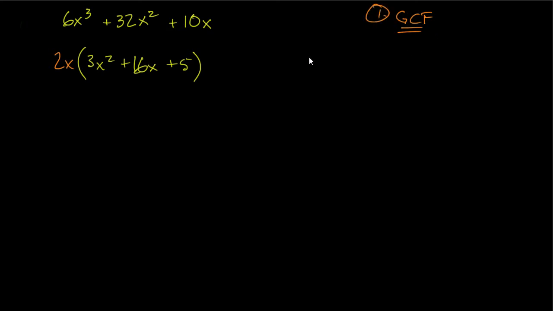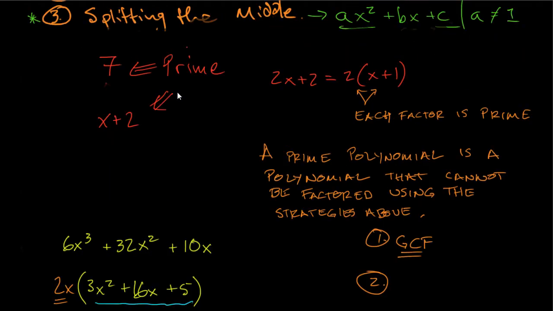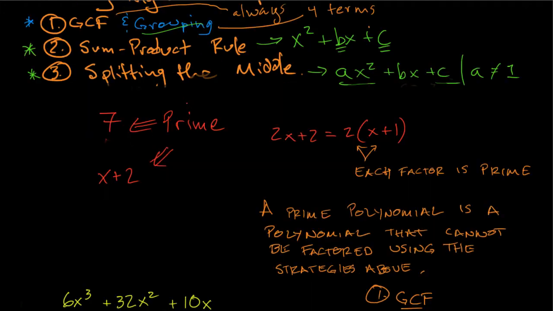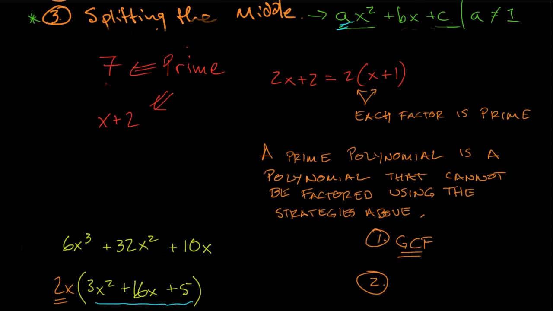Now that I've taken out the greatest common factor, I need to try and factor all the factors that I have left. Well, 2x can't be factored any further. But can I still factor 3x squared plus 16x plus 5? To figure that out, I have to look back up at my factoring strategies. Since 3x squared means that I have a coefficient on x squared, I'm going to try and split the middle.